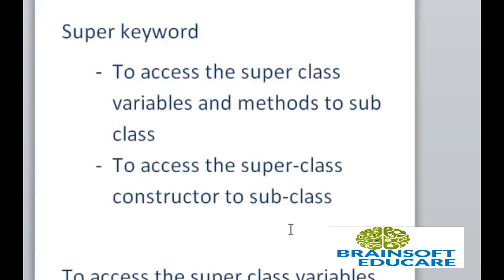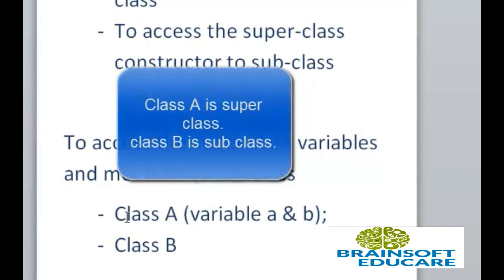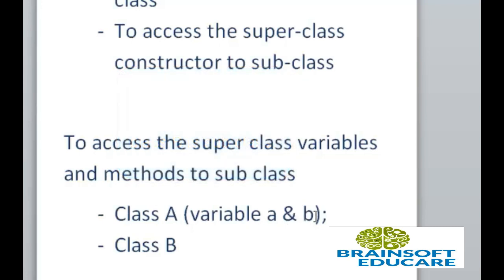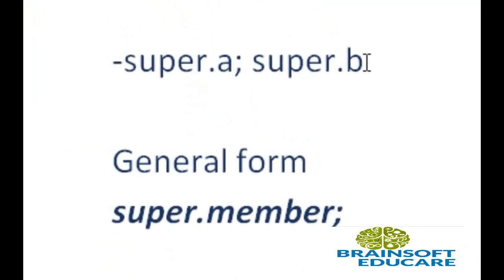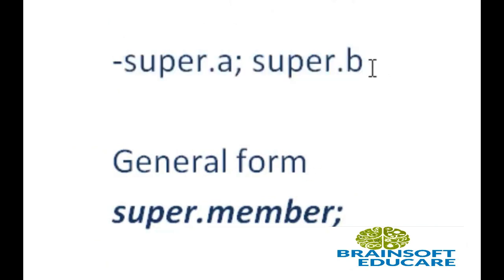To access the superclass variables first: here in this example, class A has variable a and variable b, and the subclass is B. If we want to access the variables a and b of superclass A, we just write super dot variable name. It means super.a and super.b.